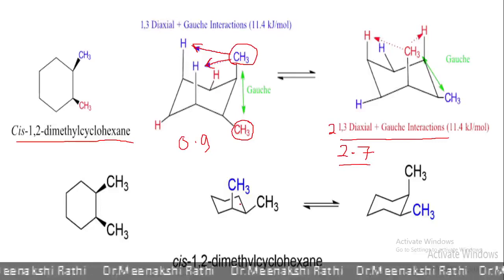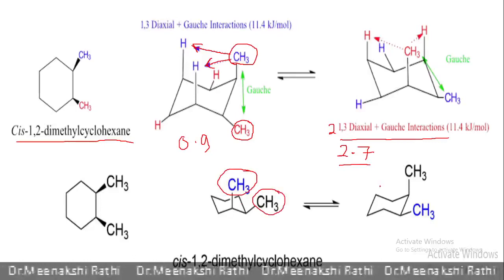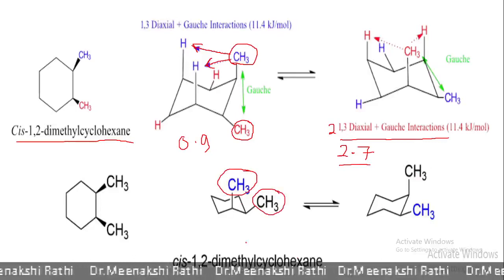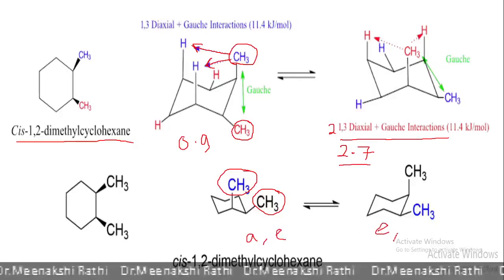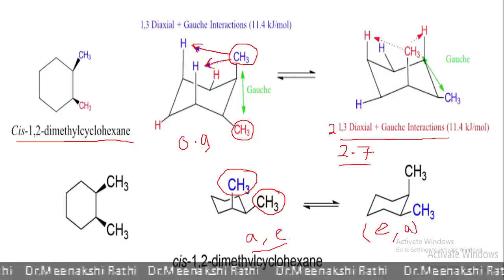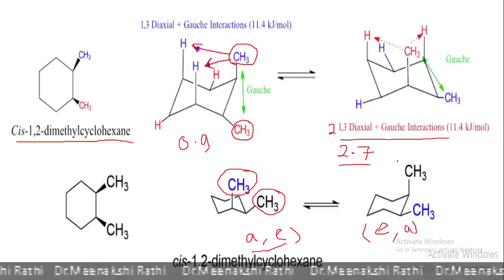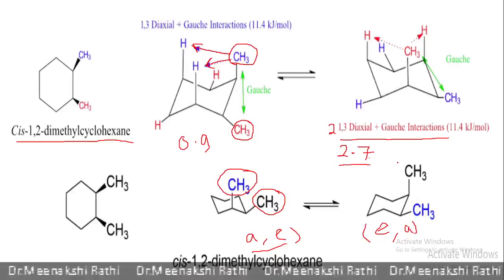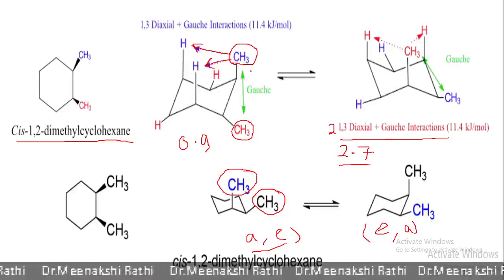In this, one methyl group is at the axial position and one at the equatorial position. That means they are of AE or EA type. In both cases, the total energy of the molecule is 2.7 kilocalorie per mole, because of two 1,3-diaxial interactions and one gauche interaction.